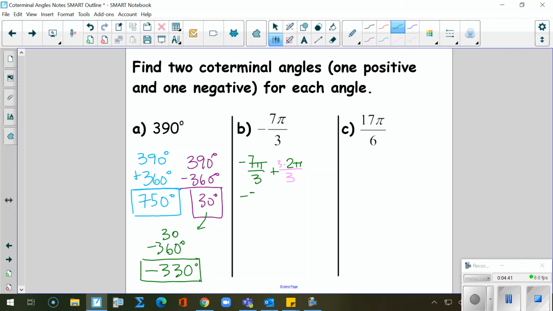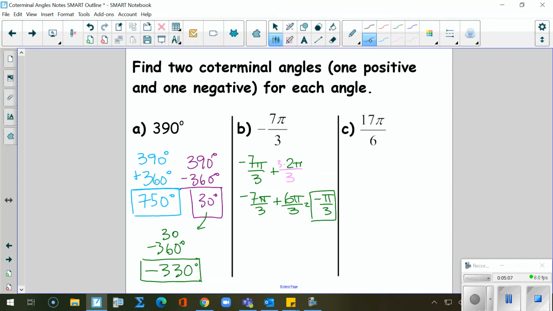Now I have negative 7 pi over 3 plus 6 pi over 3. That is a negative pi over 3. So by adding 2 pi, I still got a negative coterminal angle.